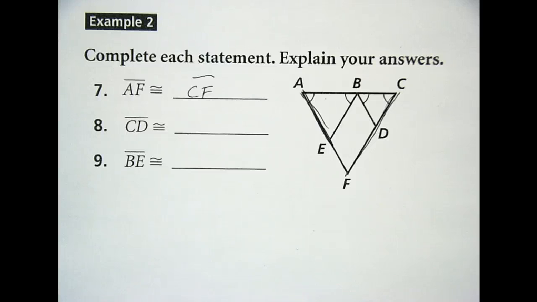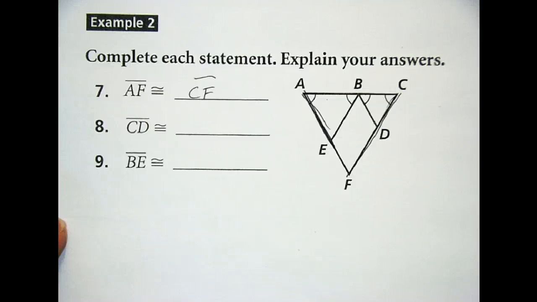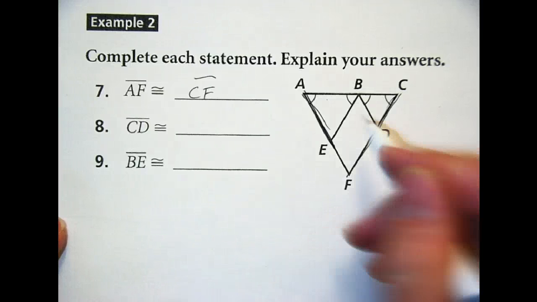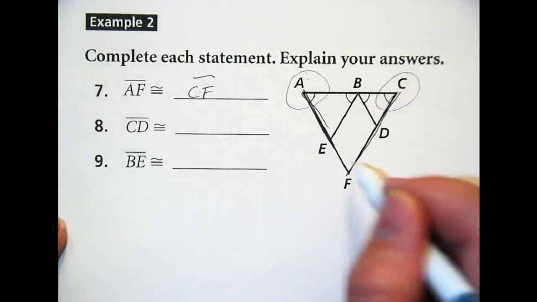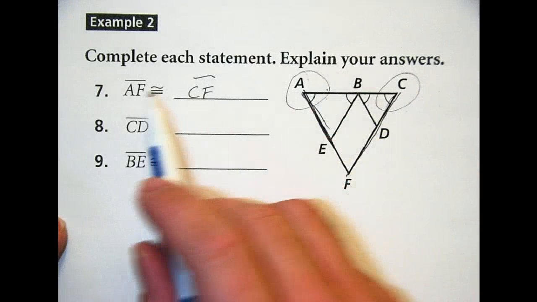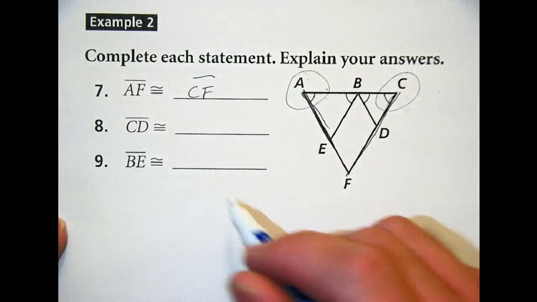Yeah, just congruent. Logan? Okay, we'll give you a redemption. Because angle BAD and angle DCD are congruent, so isosceles. Very good. Because those angles are congruent, A is congruent to C, therefore AF has to be congruent to CF.